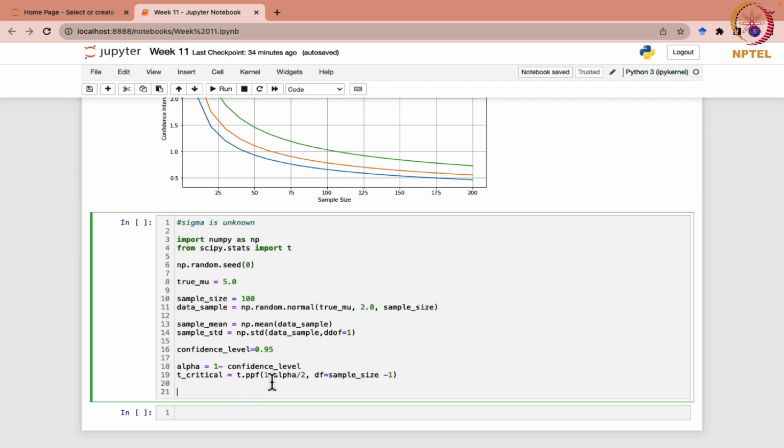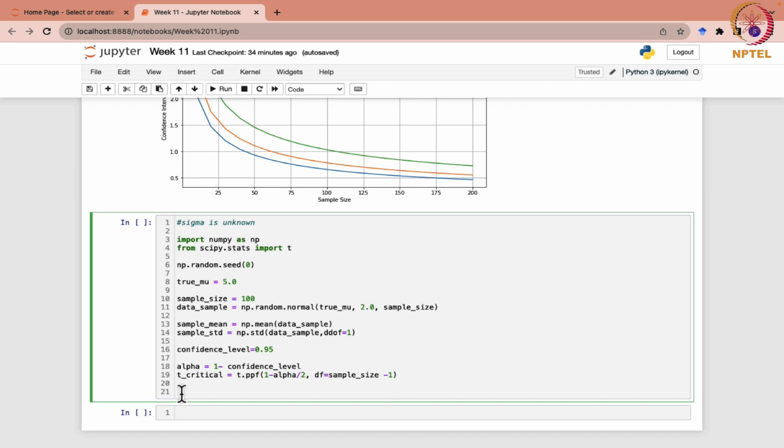It calculates the percent point function, or you can say the inverse of the cumulative distribution function for the t distribution. We specify 1 minus alpha by 2 as the first argument, and this calculates the desired percentile. Alpha by 2 means that you are considering half of the significance level on each tail, and the degrees of freedom we have seen is n minus 1.